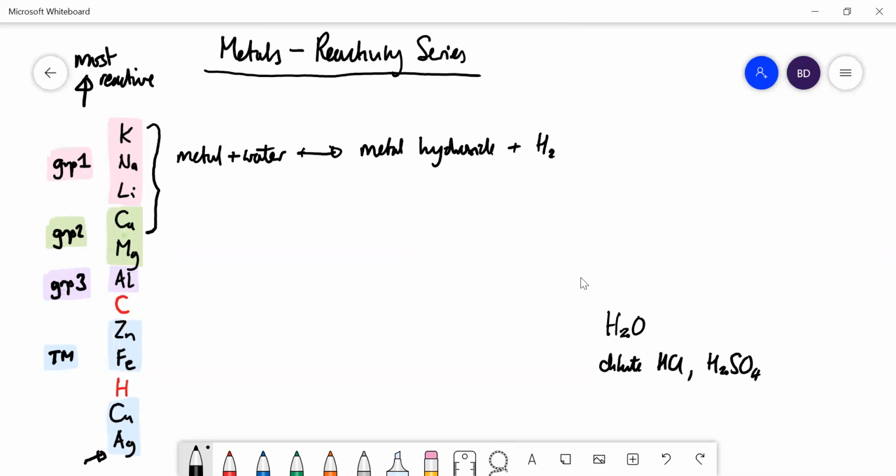Now, all of those metals will also react with acid, but you wouldn't put them in acid because they're so reactive that it's quite dangerous to do that. But they will react with dilute acids. And all of those metals, all the way down to iron, will all react with acid.